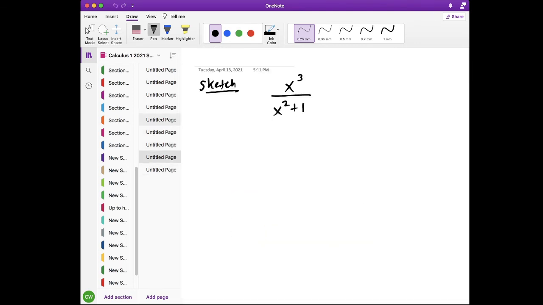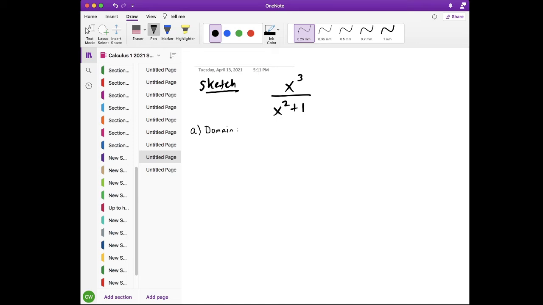Okay, so we're going to sketch this rational function here. This might be a function that you could sketch in pre-calc, but we're just going to do it again as a little review. All right, so our first guide was looking at the domain. That should be helpful, right? You want to know where you can graph things and where you can't.